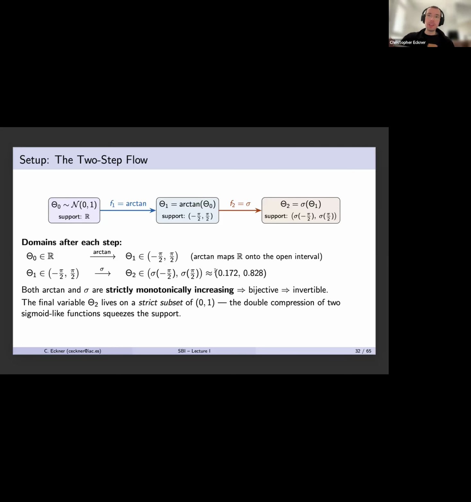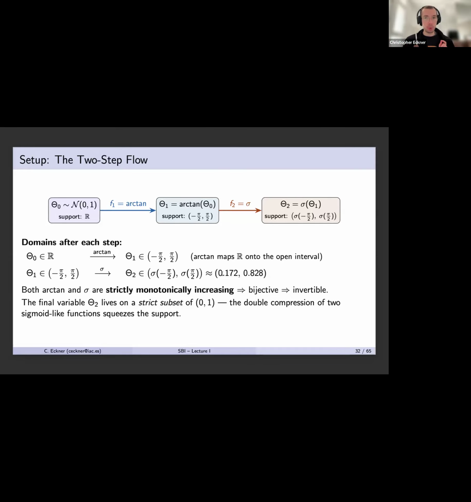The sigmoid only takes positive values, so you get a squeezed version between, let's say, 0.1217 and 0.83. What you might also recall is that both functions are strictly monotonic, meaning that they are bijective and you can invert them.